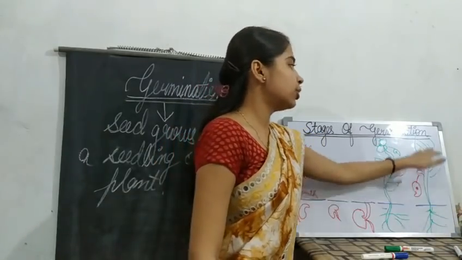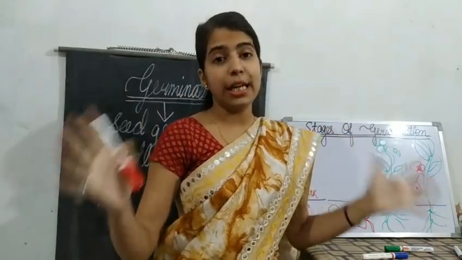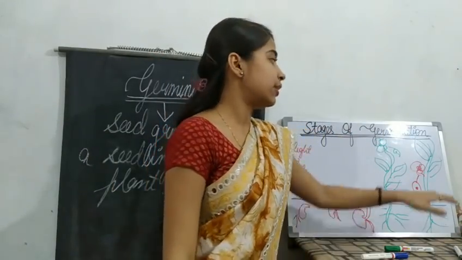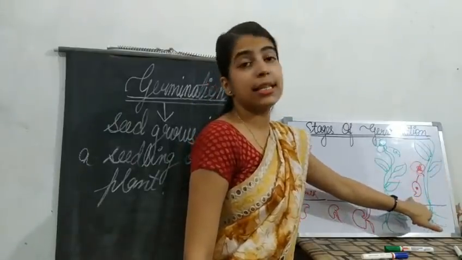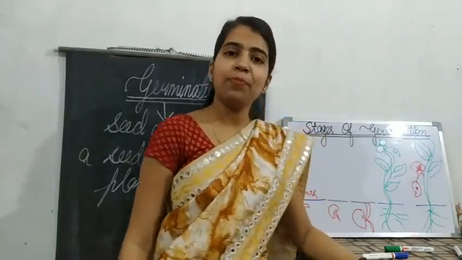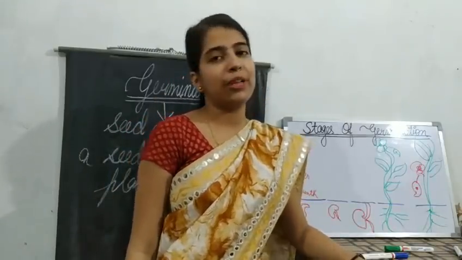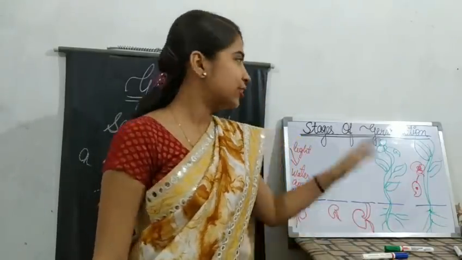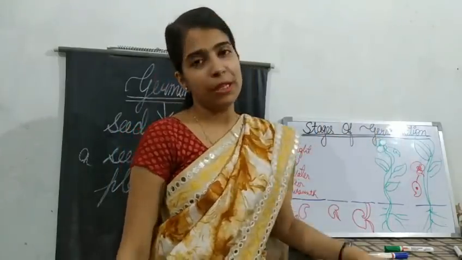The shoot will grow upward and you will get a complete young plant, which will have leaves and flowers. From the flowers you will get the fruits and the fruits will have the seeds in them. So this is the cycle or the stages of germination.